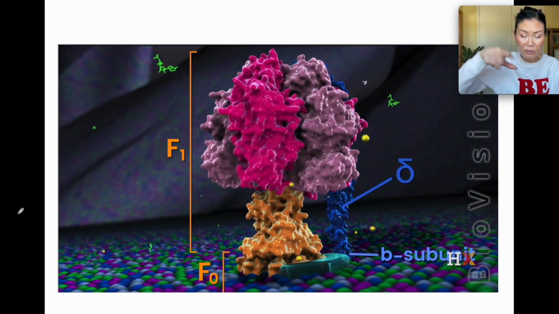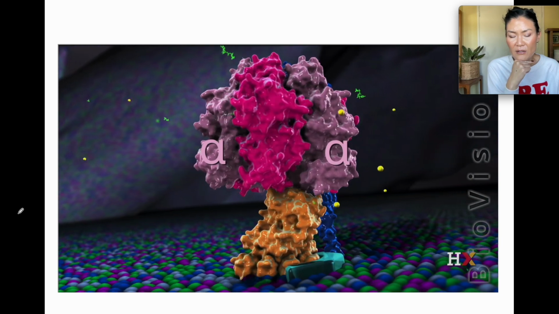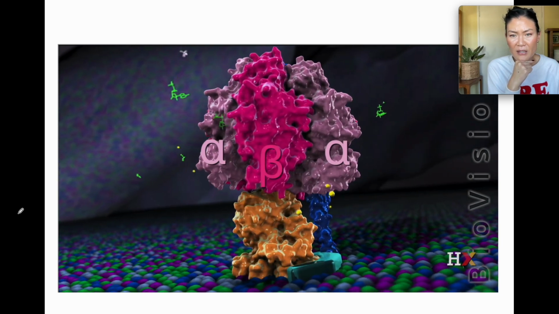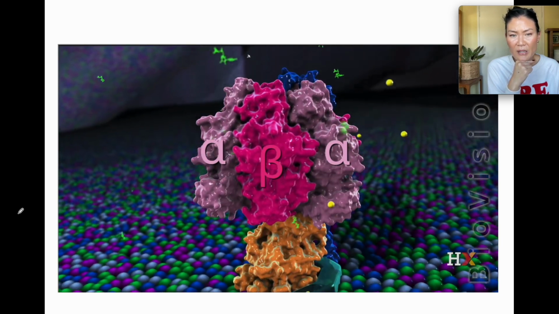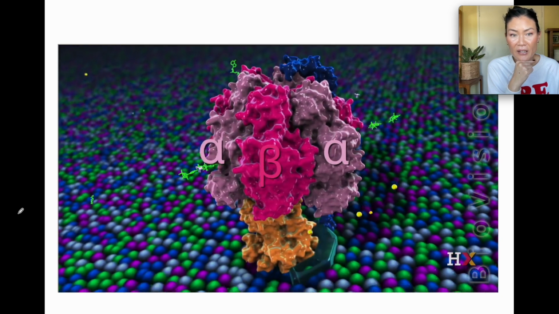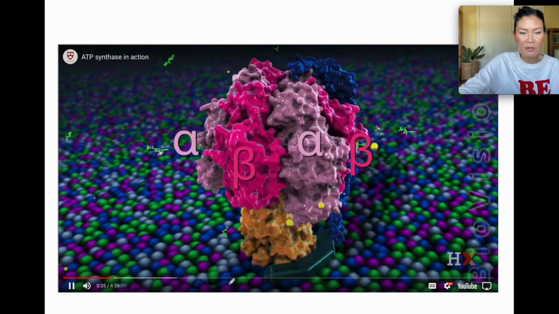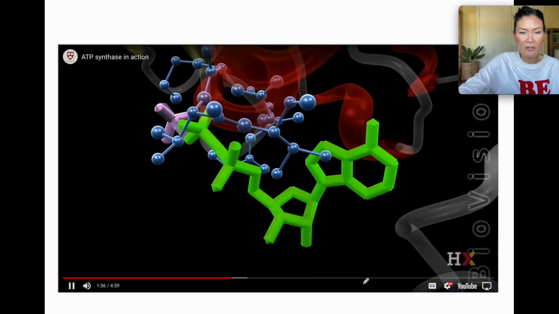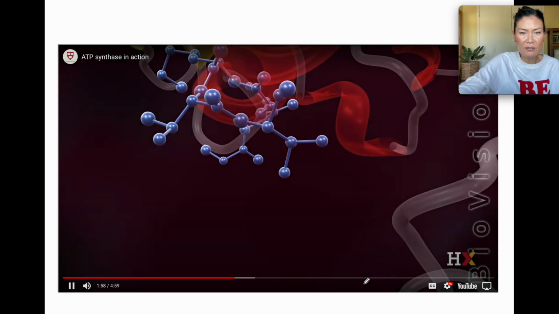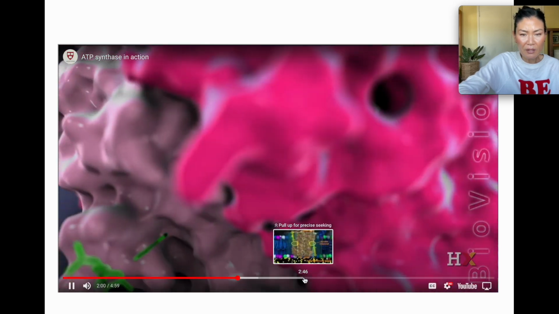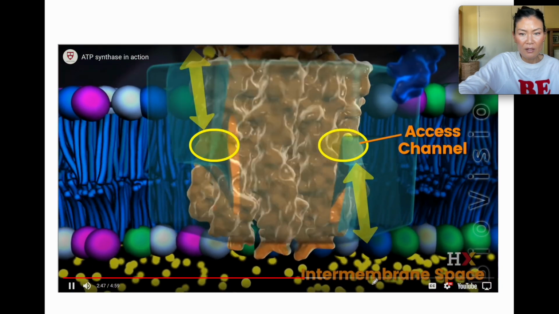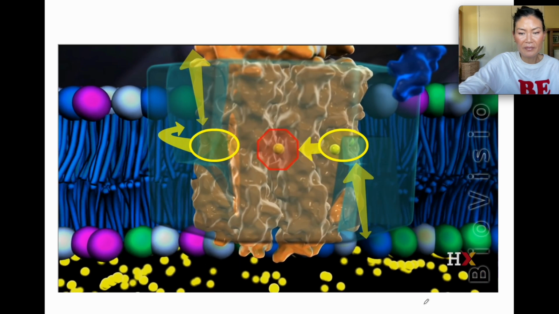They're going through the ATP synthase, and ATP synthase is bringing ADP, sorry, and inorganic phosphate together to make ATP. Okay, so yeah, you guys can check that out on your own. Yeah, it's pretty cool. Okay, anyways.